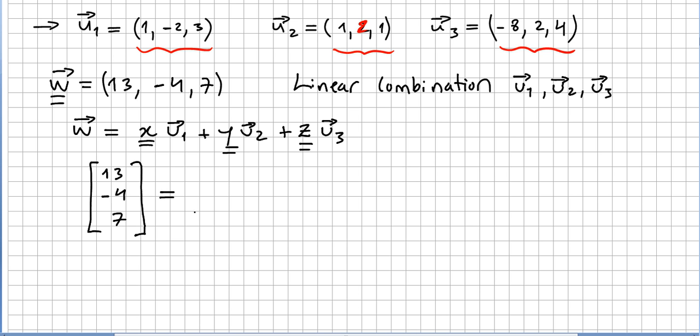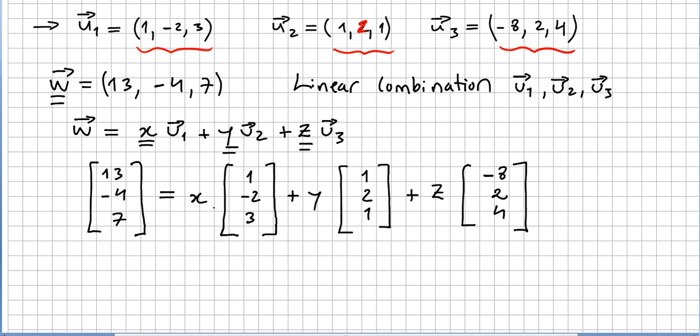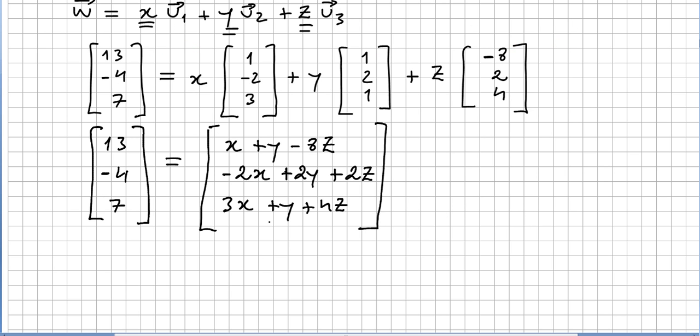Okay, so I'm going to write here vector w, (13, -4, 7), as a column. And I'm going to write x times (1, -2, 3), so this is vector u1, plus y times u2 plus z times u3.